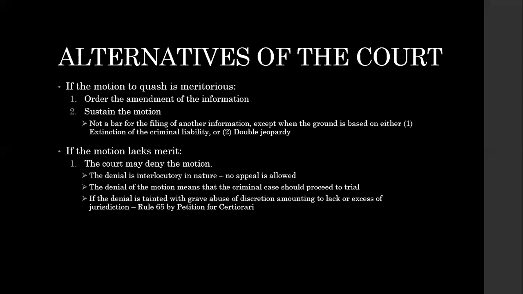Kasi the grant of the motion to quash will not bar the filing of another information. Except na lang kapag yung ground ng motion to quash is based on either the extinction of the criminal liability or because of double jeopardy. Again, the reason is obvious. It would be useless for the court to continue with the case since the criminal liability no longer exists. Hindi na siya, wala nang cause of action to file that criminal proceeding.